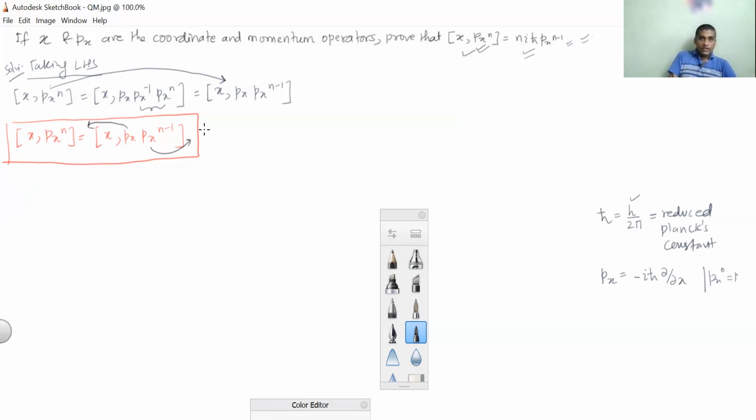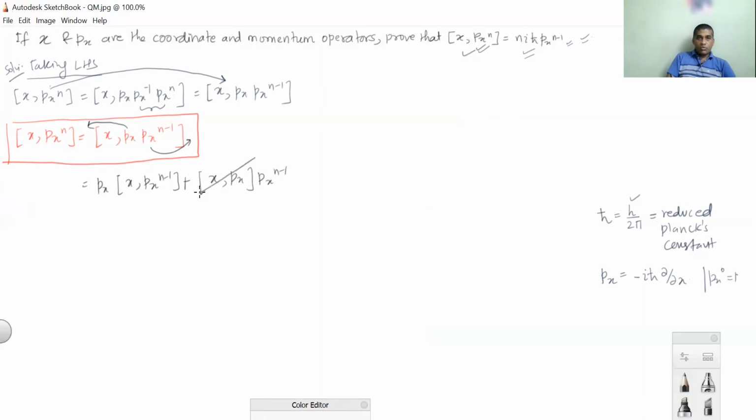So we can write px, and we have the commutation of x, px power n minus 1, plus the commutation of x, px, with px power n minus 1 taken outside the commutation bracket. This is a standard commutation relation, and its value is i h bar. Clear?